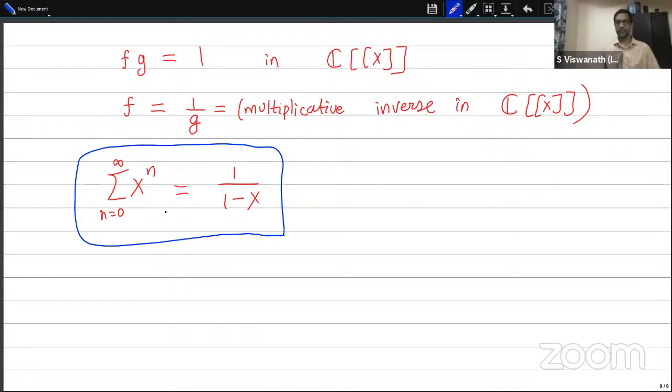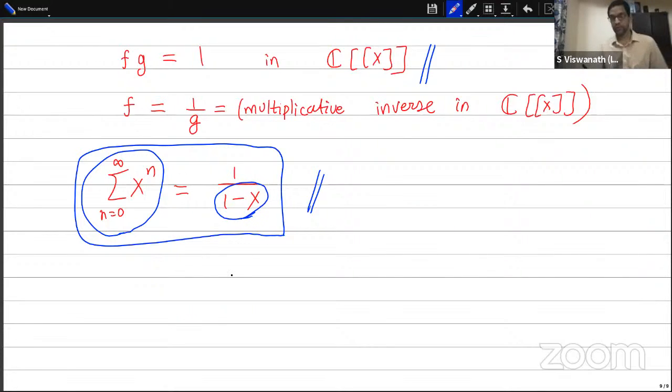For us, x is just some formal indeterminate which is used to form this ring of power series. And this identity, written in this way, is only saying that this left hand side is an element of the power series ring, and this denominator 1 minus x is an element of the power series ring. And when I multiply them both in the power series ring using the definition of multiplication, the answer comes out to be 1.